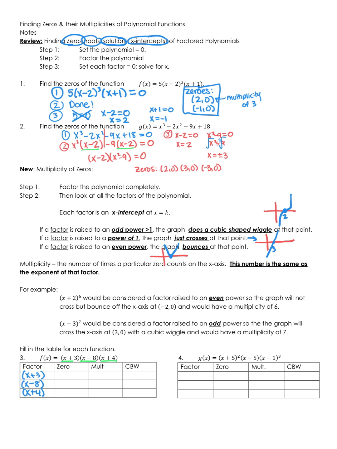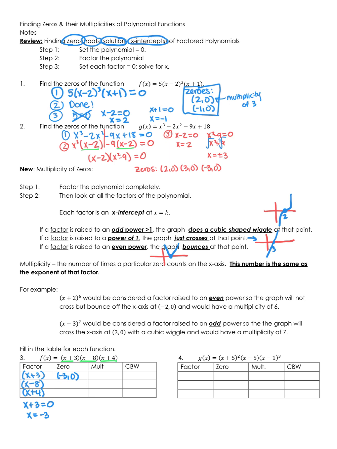For x plus 3, if I want to know what the 0 is, that would be setting it equal to 0. If you take x plus 3 and set it equal to 0, what 0 will you get? Negative 3, right? So the 0 will be negative 3, 0. What's the multiplicity of that factor? How many times does that factor happen?